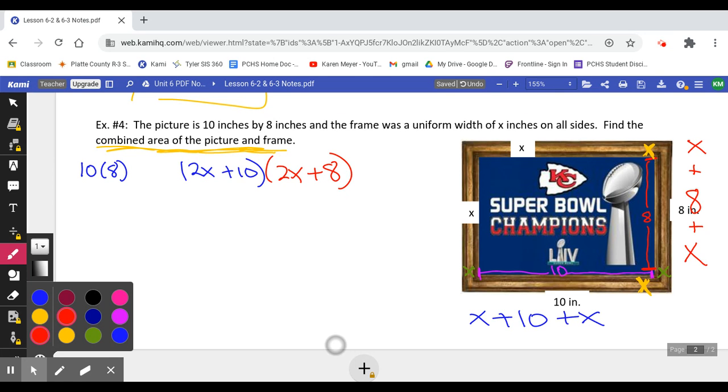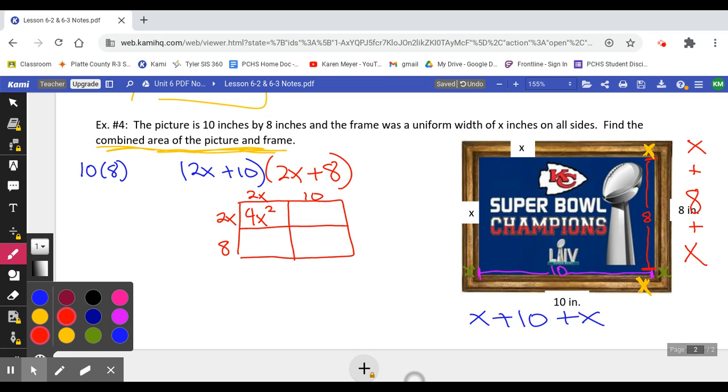So for this part right over here, I've got 2 parentheses, so I'm going to make a little box for that. I've got 2x and 10, 2x and 8. Then 2x times 2x is 4x squared.